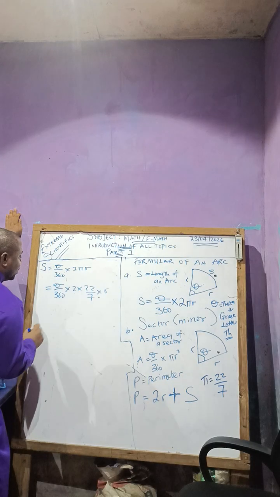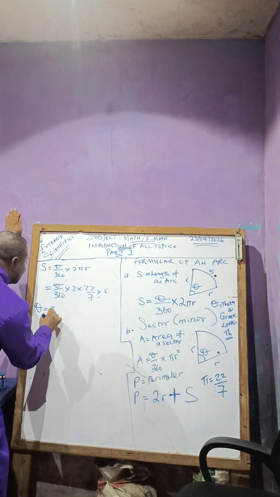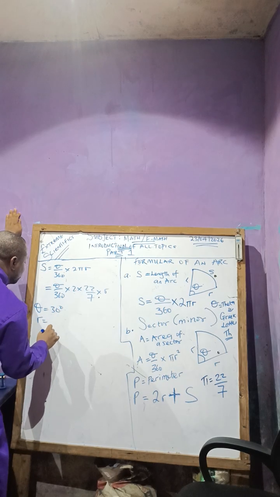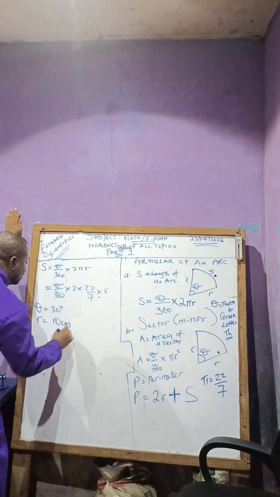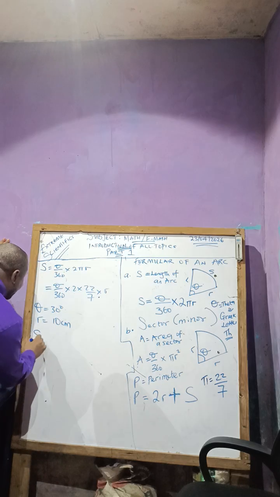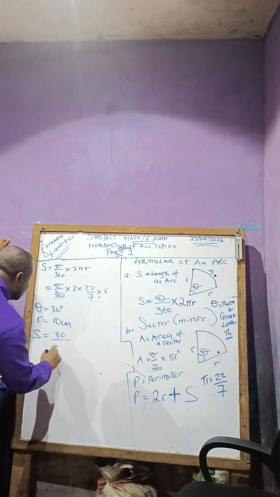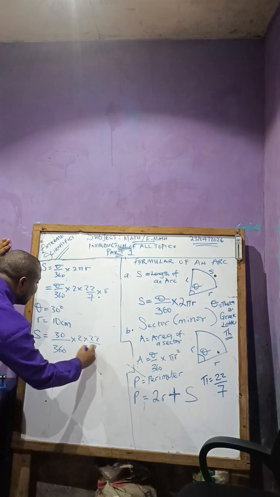Now let's say theta is equal to 30 degrees and the radius is equal to 10 centimeters. If you want to get the length of this arc, we say S, the length, is equal to 30 over 360 times 2 times 22 over 7 times 10.